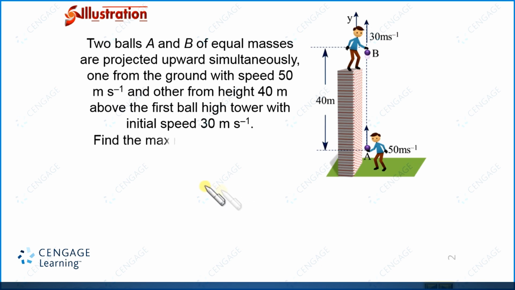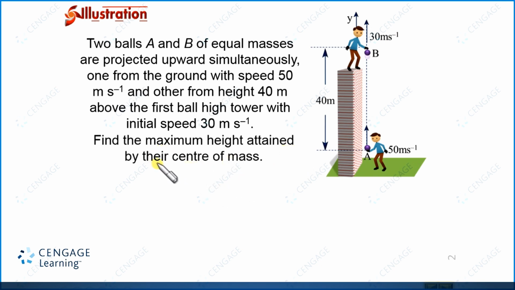Find the maximum height attained by their center of mass. That means the center of mass of A and B, we need to calculate what height it will attain. That's the maximum height reached by the center of mass of A and B system.